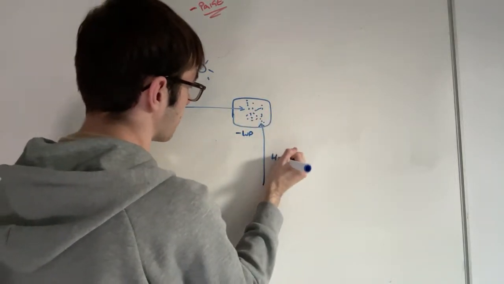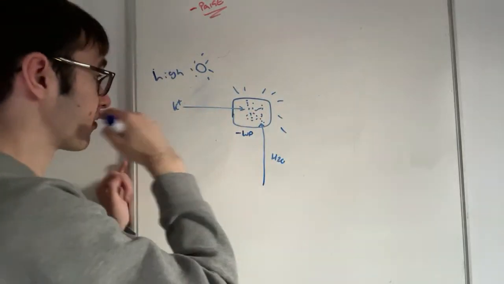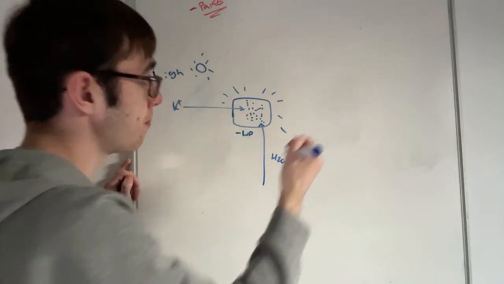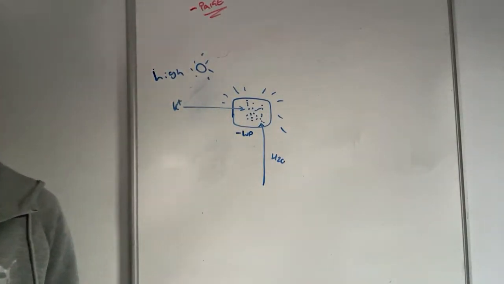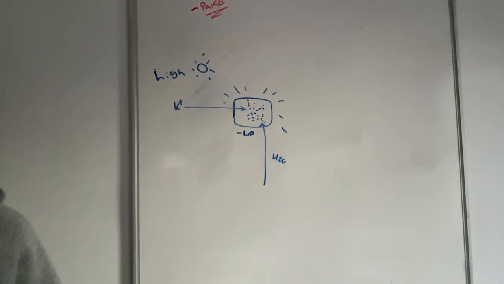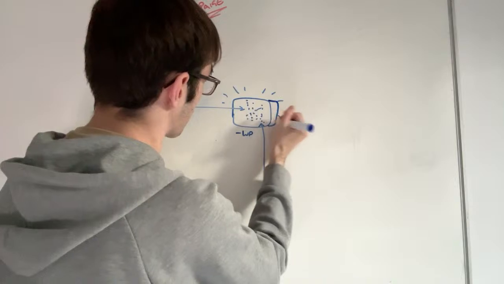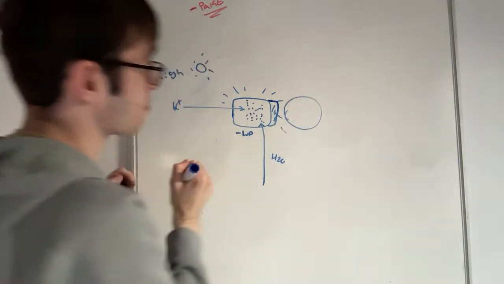Therefore, water is going to move in, which overall makes it more turgid. But due to the thick part of the guard cell, it is going to cause the stomata to be exposed.